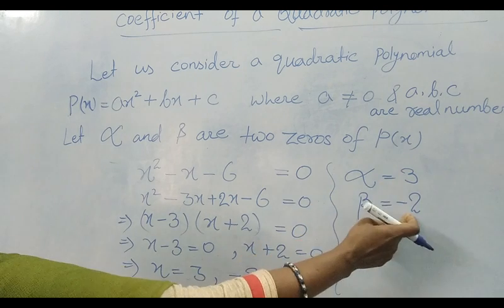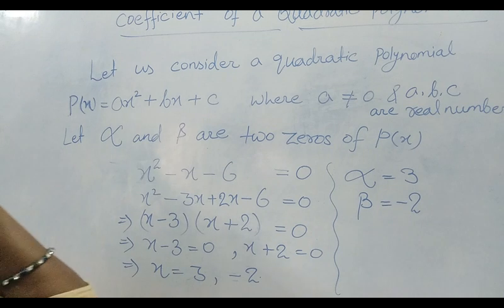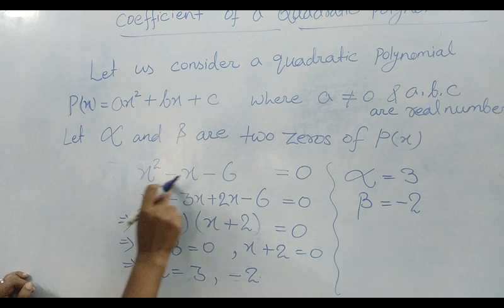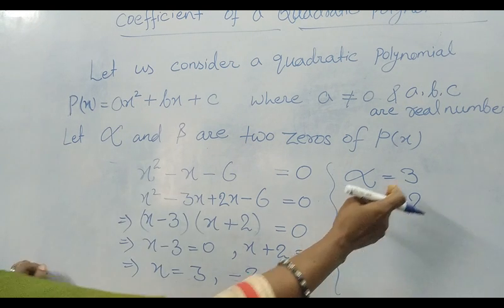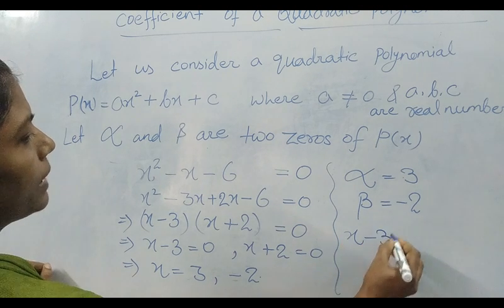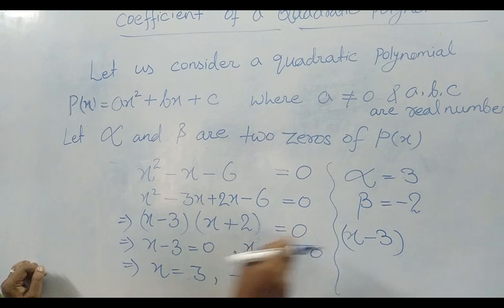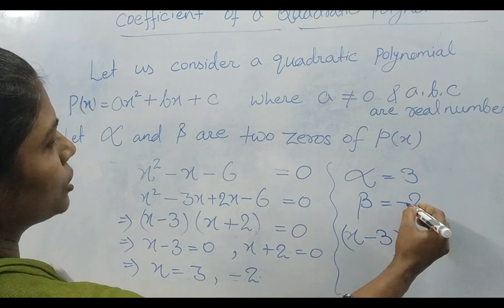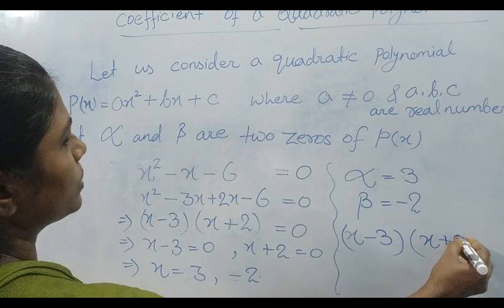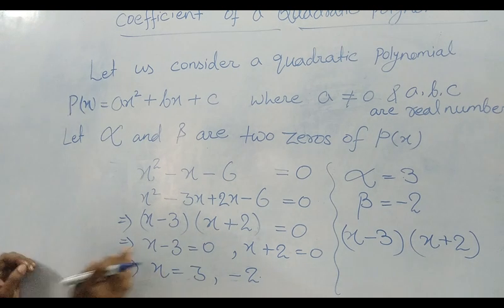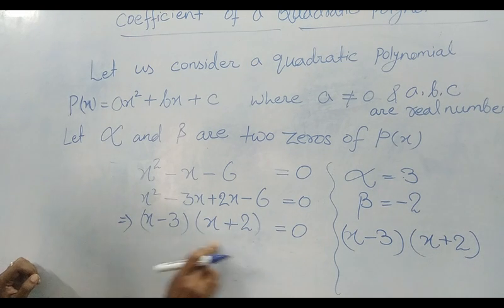Suppose that the two zeros are given and from these two zeros we want to create the factors, then what do we do? We subtract. First of all look at what variable the polynomial is in. It is in the variable x. That means from x we subtract this first zero, then the first factor will be ready, and from x we also subtract this second zero. If we subtract this zero from x, then minus minus becomes plus. That means what second factor did we get? We got x plus 2. So just look before, we have the two factors here.